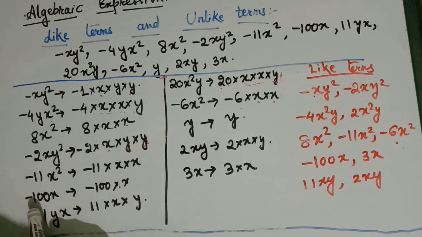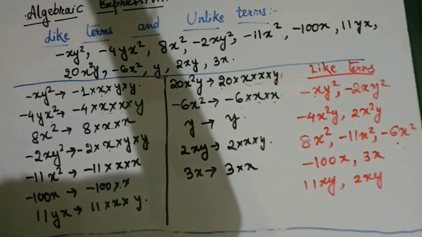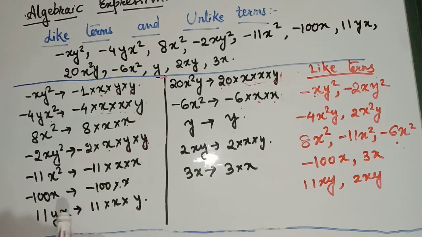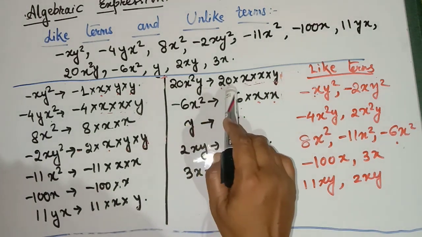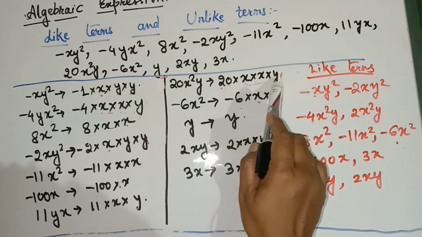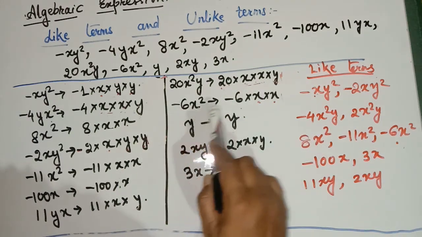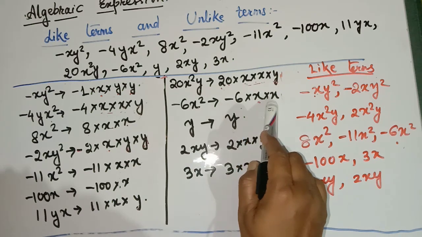Here in this question it is minus 100x, so minus 100 into x. Similarly, 11yx, you have to write in alphabetical order as 11 into x into y. Similarly, 20x square y. Minus 6x square, so minus 6 into x into x.